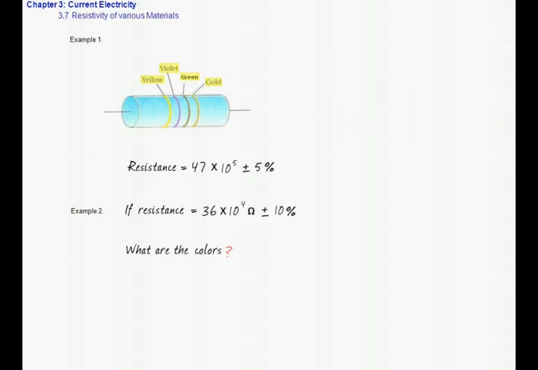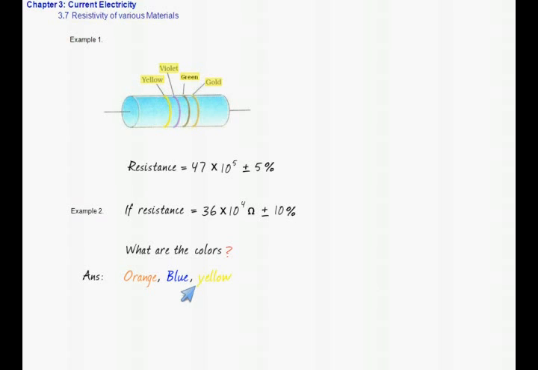10 to the power 4 is the multiplier for which color here? It is the multiplier for yellow color. So the resistance will be: first color orange, since 3 is the code for orange. Second color 6, code 6 is for blue color.